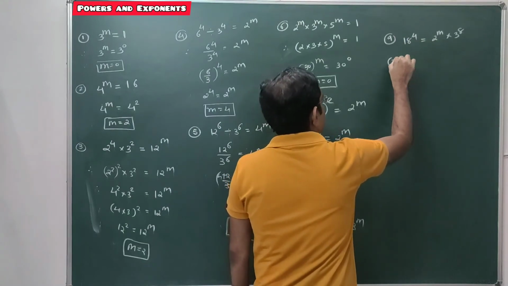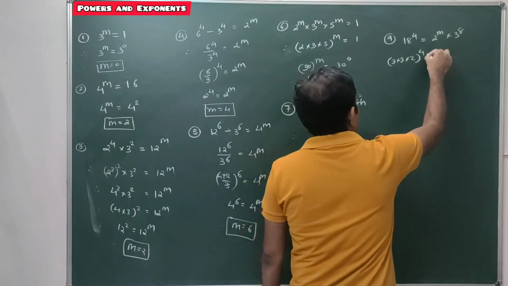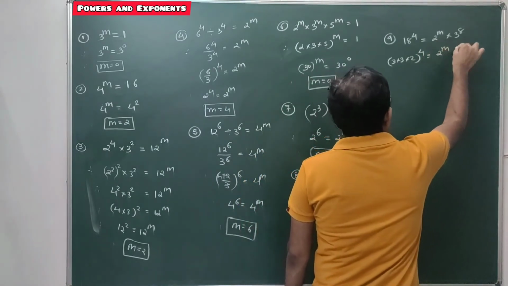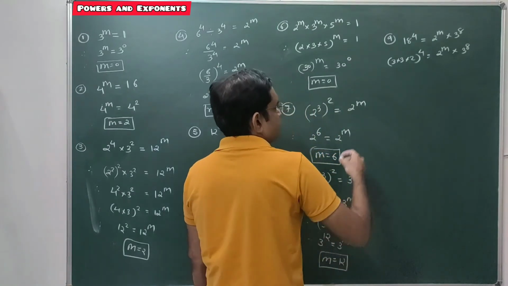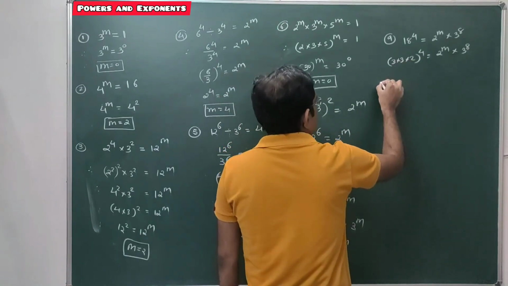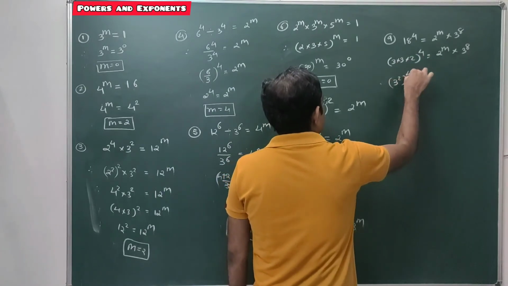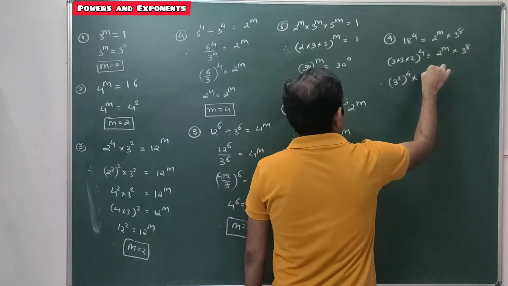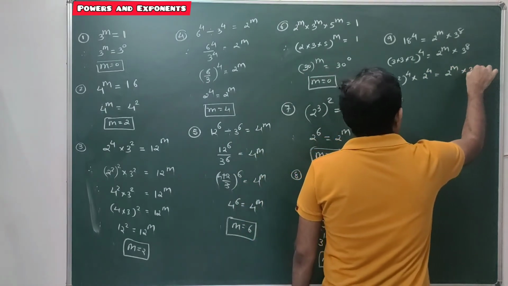So 18 can be written as 3 into 3 into 2, raised to 4 equal to 2 raised to m into 3 raised to 8. So this one is 3 square whose power is 4, multiplied by 2 raised to 4, and this is equal to 2 raised to m into 3 raised to 8.